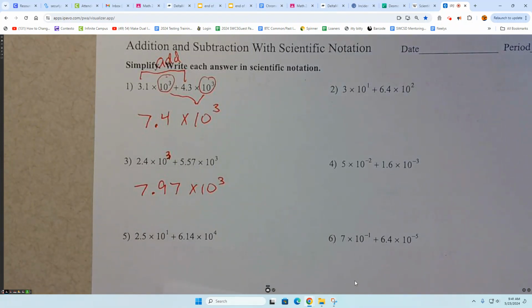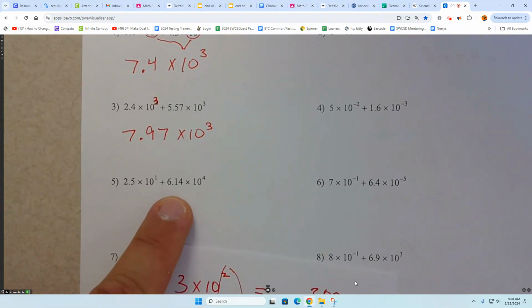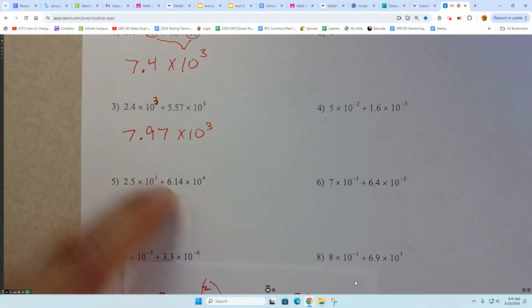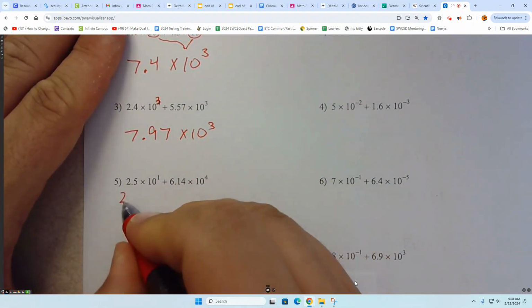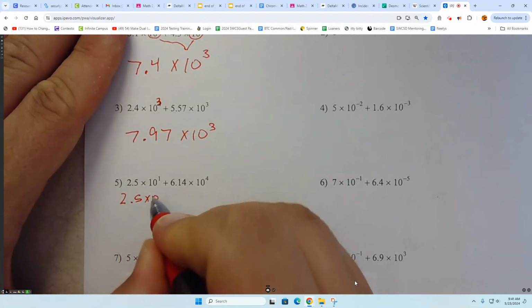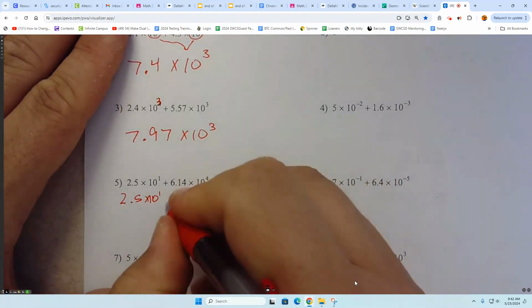So, if they aren't the same, we have to make them the same. In other words, I don't want this to be what I have here. I want both of them to be 10 to the first.